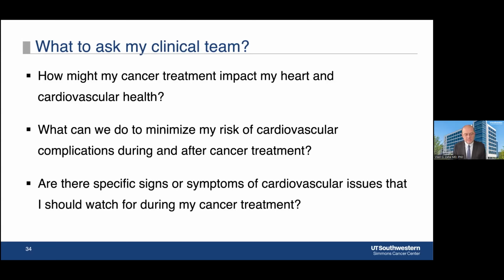And not the least, maybe a reminder about specific signs and symptoms of cardiovascular issues that someone should be watching for during cancer treatment. Now, fatigue or shortness of breath and decreased physical activity are happening often during cancer treatments.